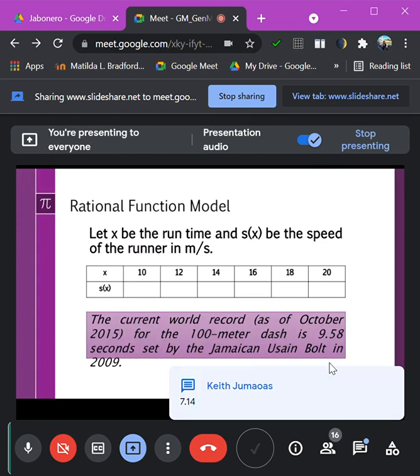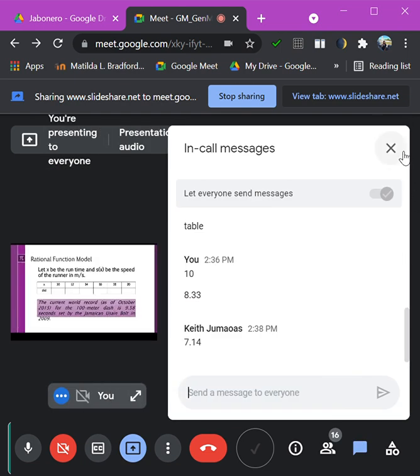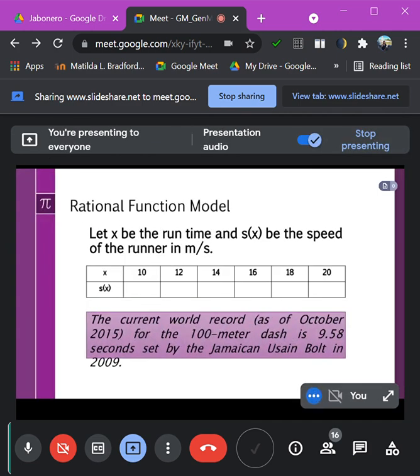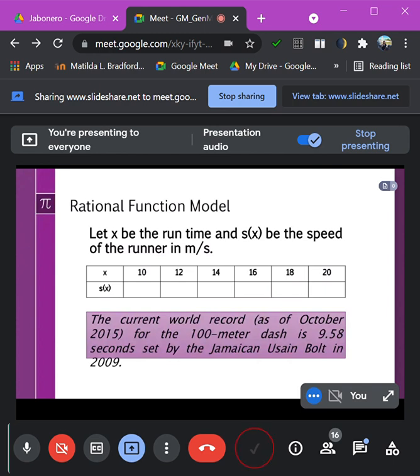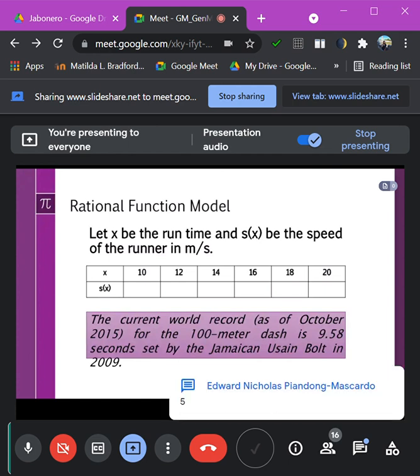Very good. Good job. How about if our x is 16? 6.25. Very good. How about if our x is 18? 5.56. And how about 20? 5. That is 5.